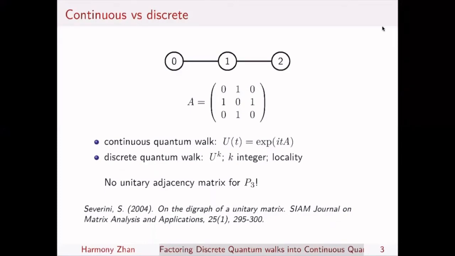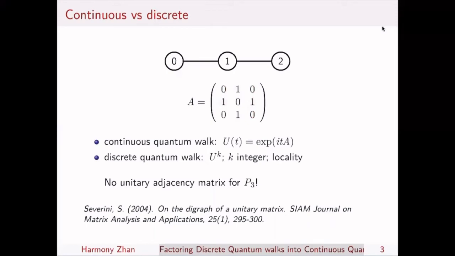So naturally, one may want to construct U by weighting your adjacency matrix. For example, you change these numbers and see if you can get a unitary matrix out of it. But this is a counterexample to that possibility, because no matter how you weight these edges, you can never make the first column and the last column orthogonal to each other.